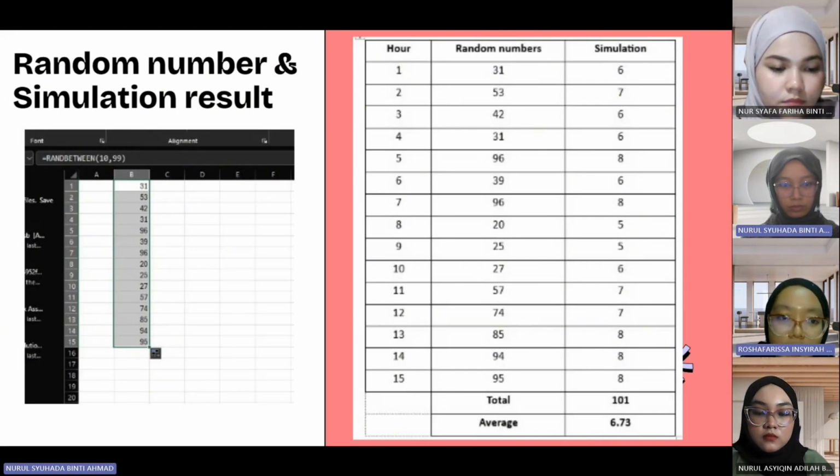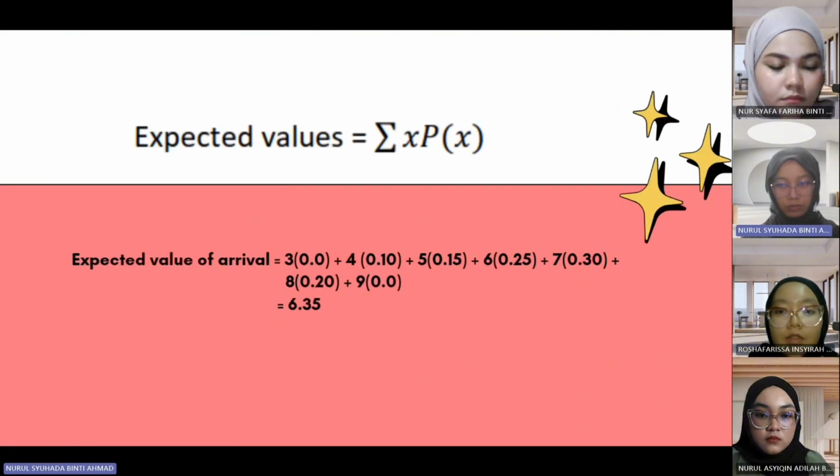Referring to the question, the simulated result comes from the random number and number interval. So the total of the simulation is 101 and the average is 6.73.